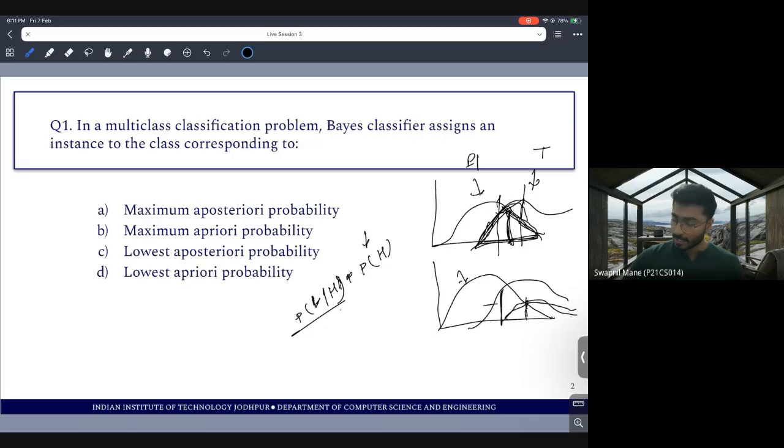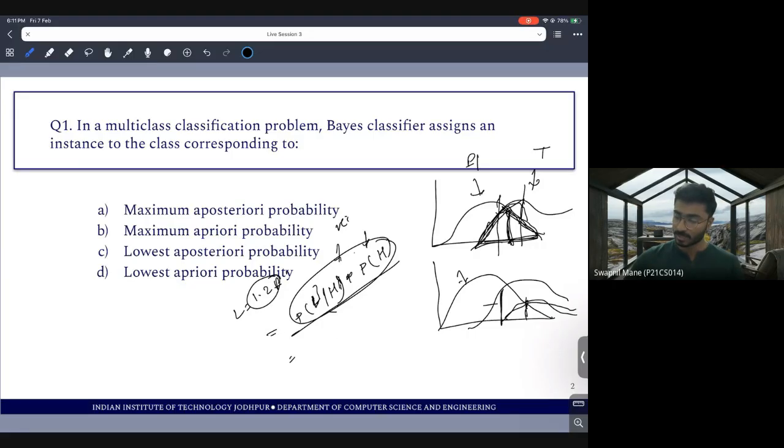Suppose the length is 1 feet; given that, what is the probability of hilsa for this length? That we need to find out.